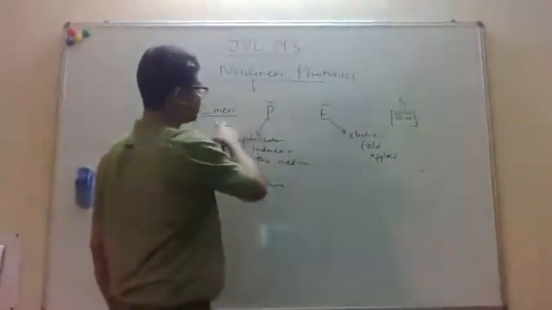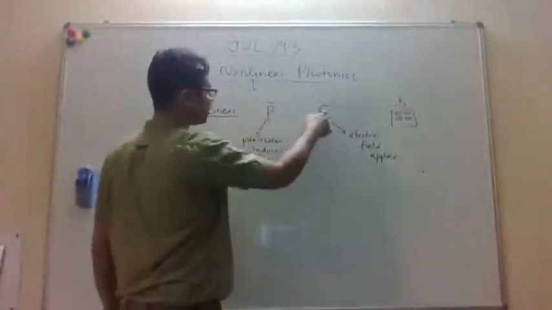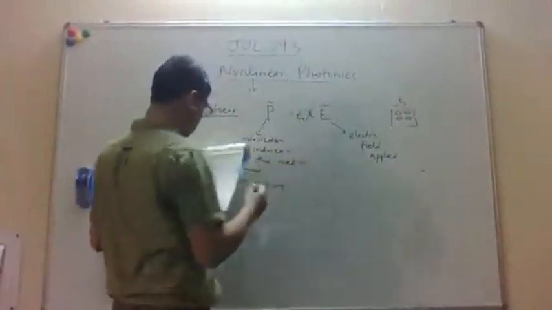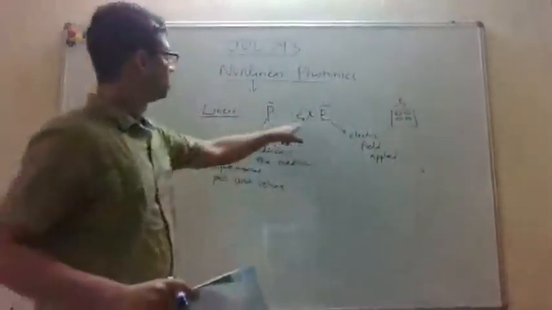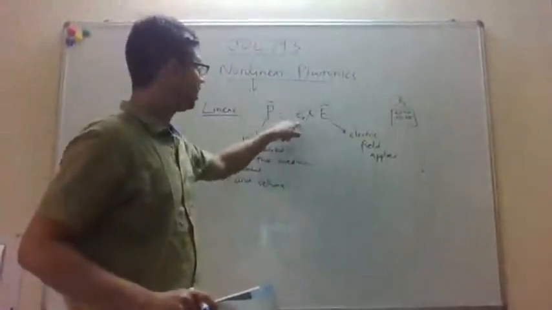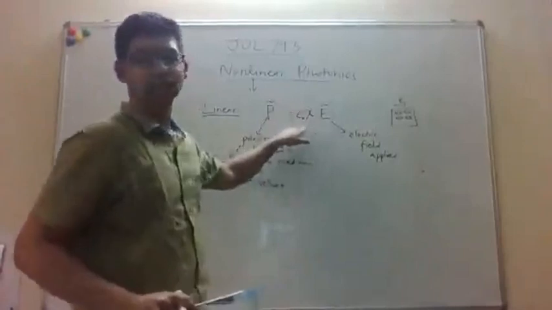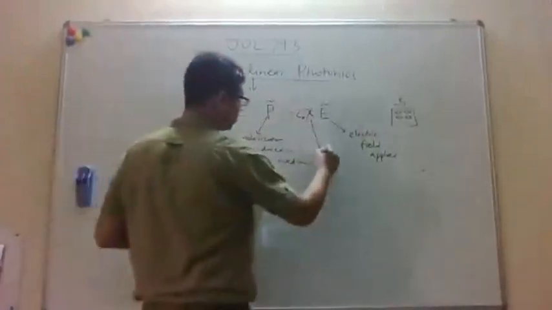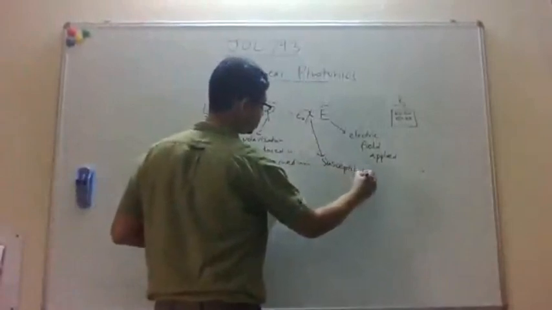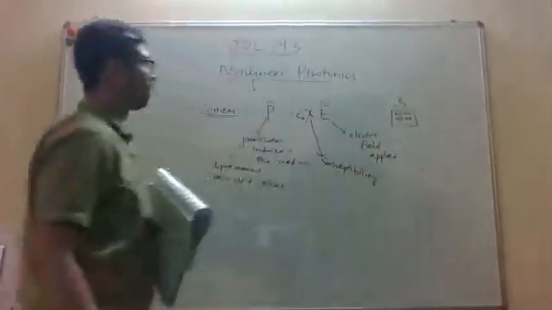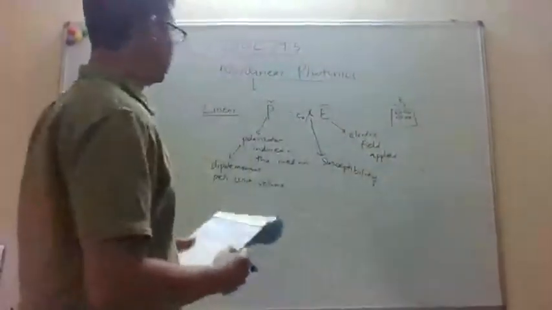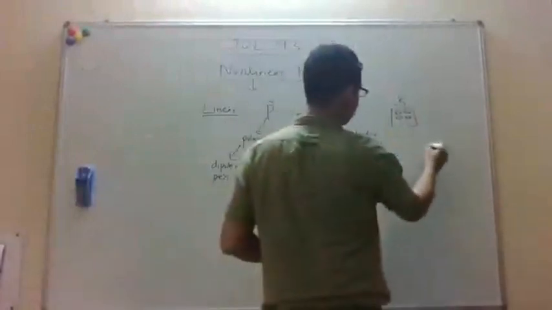And if it's a linear system, then P is just proportional to E, and the proportionality constant we typically write like this: epsilon naught is the vacuum permittivity, and there's this constant called chi, known as the susceptibility. That's characteristic of the medium. If you remember, this is what gives rise to the dielectric constant.